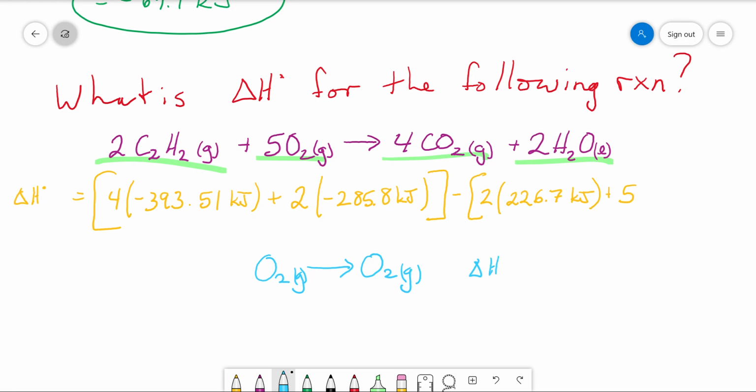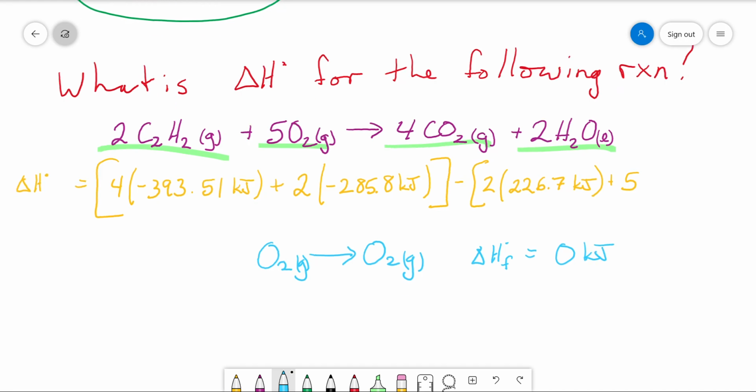What's the delta H naught of formation for that? What's the energy change? 0. So this is 0, and that's true for any element, okay? Any element in standard state, the delta H naught of formation is 0, because if it's forming from elements, there's no energy change.